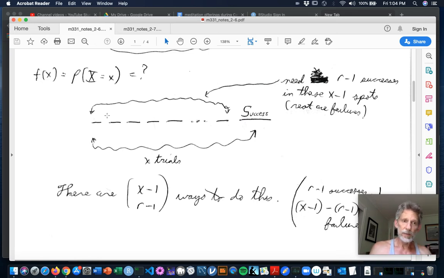Well, it would turn out to be the number of ways to fill in these x minus 1 boxes with r minus 1 S's, and the rest are failures. So you think to yourself, this is the number of ways to pick r minus 1 of those boxes to have the S in them. The rest will have F. So you're looking at x minus 1 choose r minus 1 ways to do this.